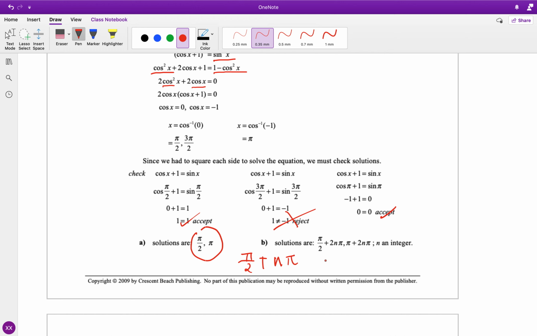The reason you cannot do that is because this pi over 2 becomes this one, but we have to reject this one. Therefore, you cannot use n pi. It has to be 2n pi. And the other one has to be included as well, which is pi plus 2n pi.